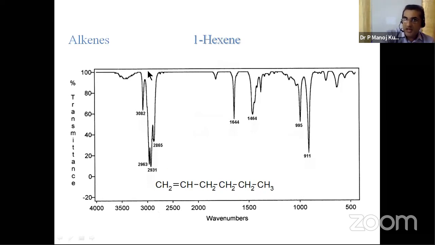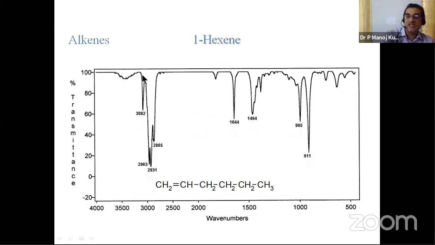This particular peak will be one of the very, very important and the only diagnostic band to differentiate between an aliphatic and an alkenic or aromatic portion of the molecule. The bands you get below 3000 always represent the aliphatic portion. It can be an alicyclic, it can be an aliphatic. But here it represents the alkenic portion.